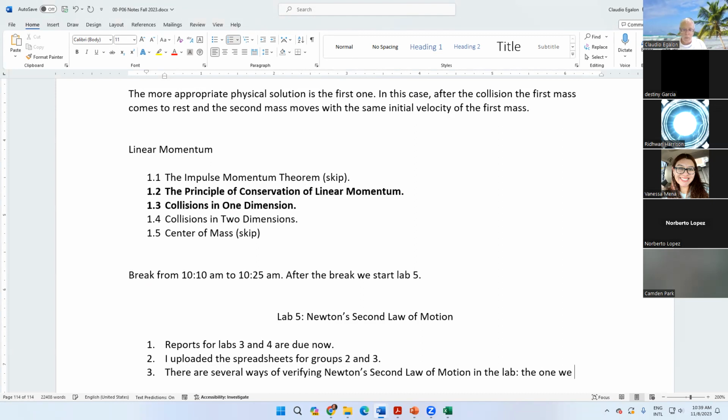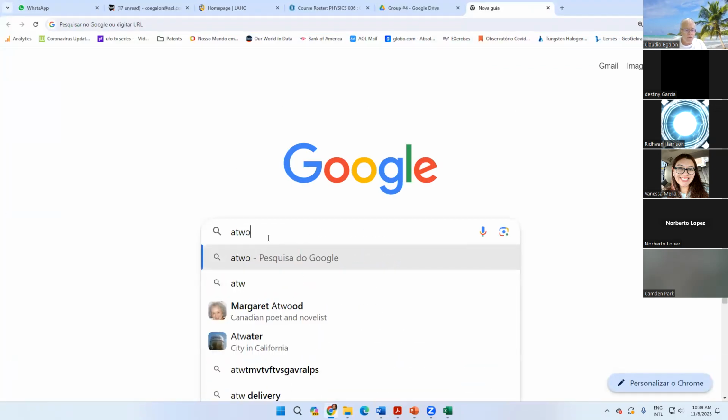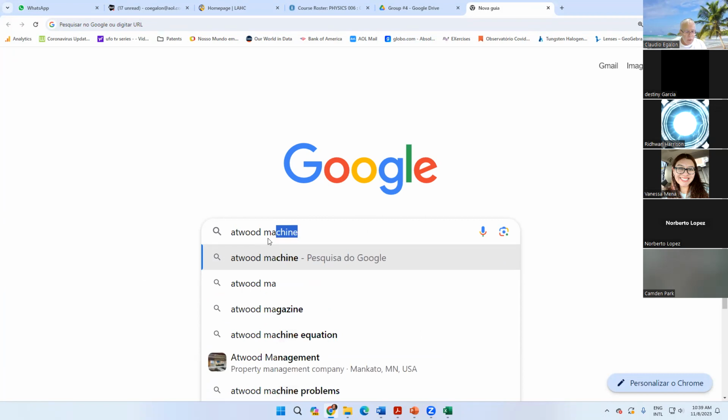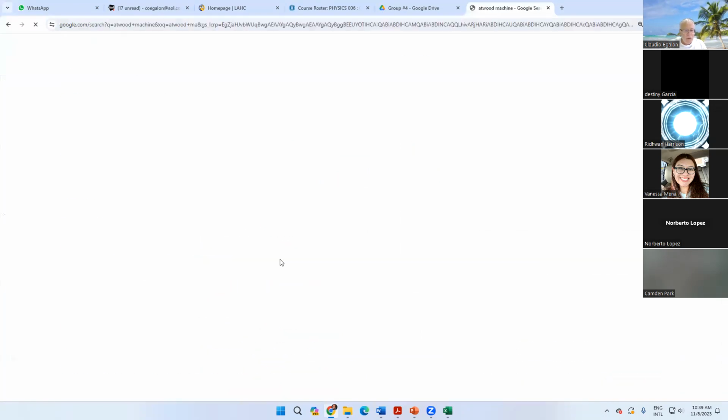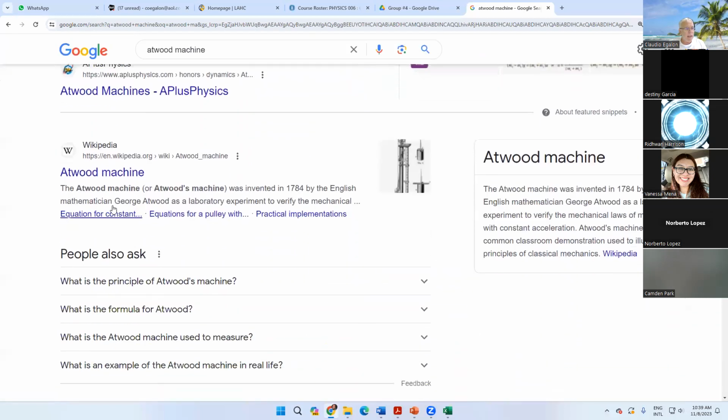The one we will do today is using the so-called Atwood machine, right? Let's make sure that's the right configuration. Atwood machine. Yeah, that's the right name. Atwood machine.